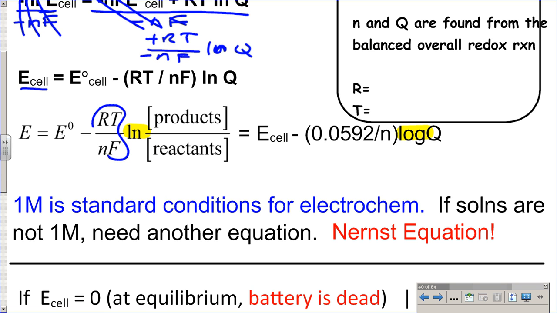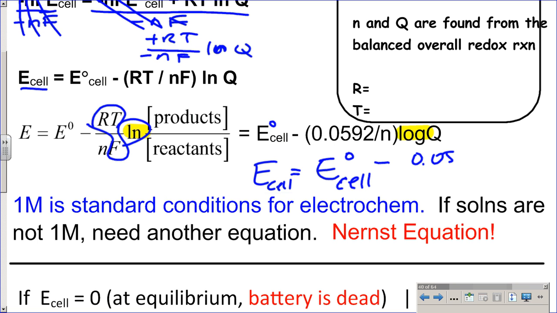The replacement for RT over F and ln is this. So E cell is equal to E naught cell minus 0.0592 over N log of Q.